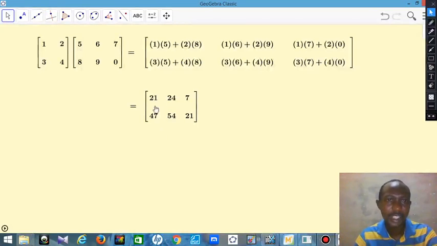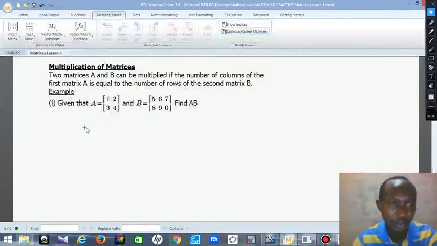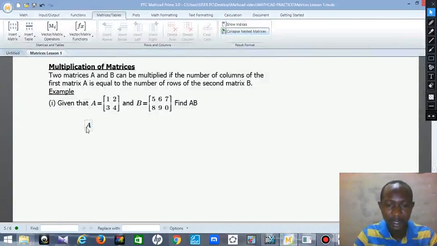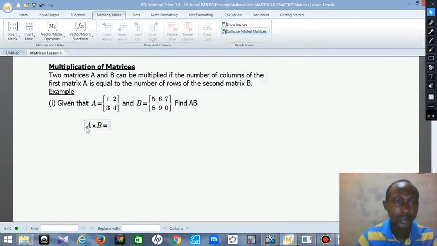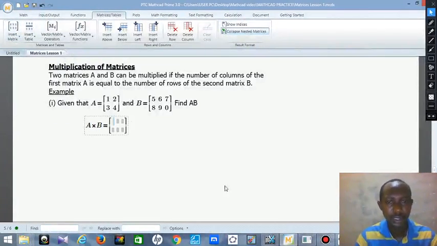So you can see the answers are 21, 24, 7. This is if you multiply these two matrices. Since I have explained it with the animation there, let me not waste time. If I multiply these two matrices A times B, our final answer is going to be, let me get the answer.